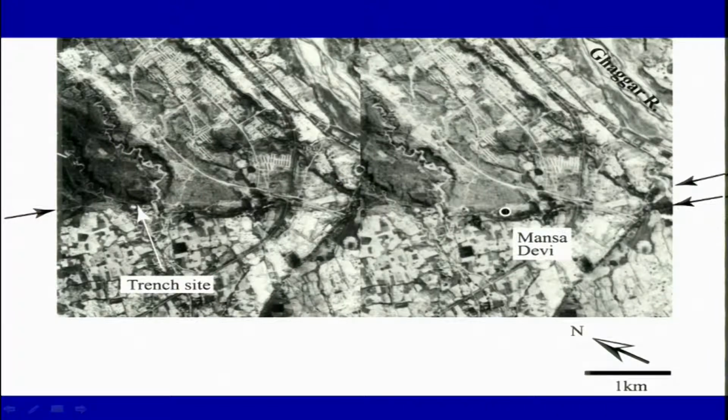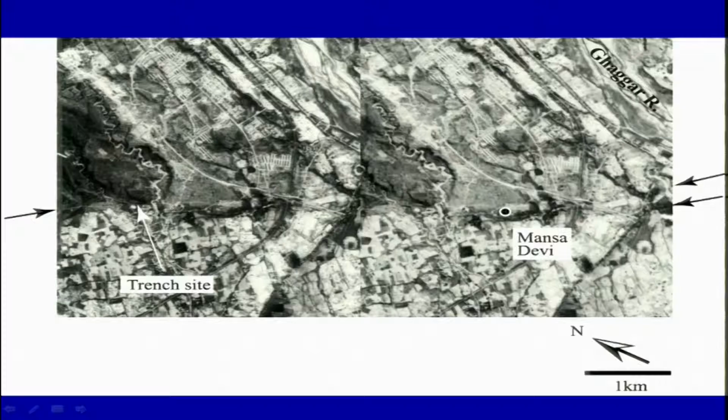This is the rail track or the road, seen exactly here, and the landform is marked here. One is the aft and one is the forward photograph. By viewing these two photographs in a stereoscope or by naked eye, you will be able to generate a three-dimensional image of this terrain.